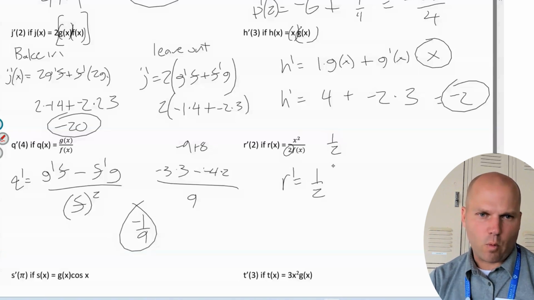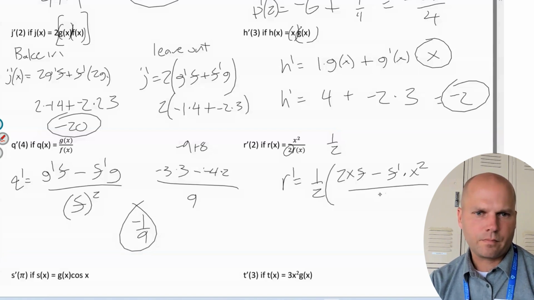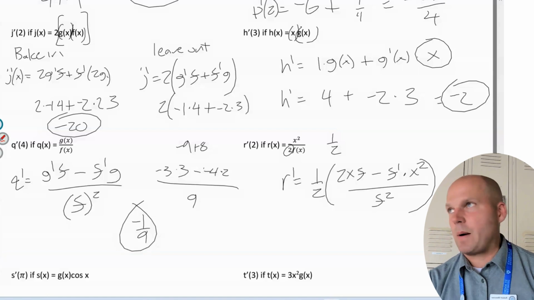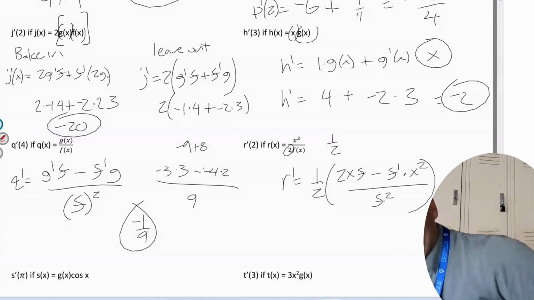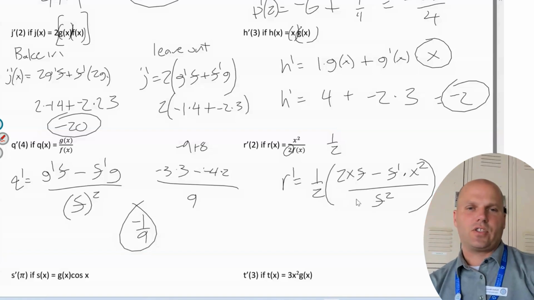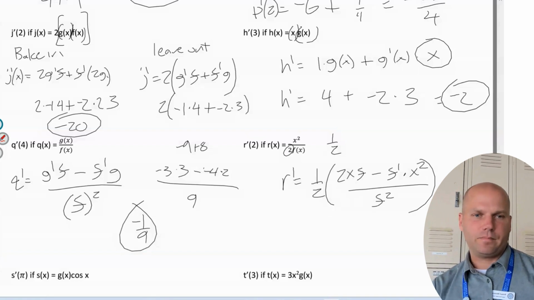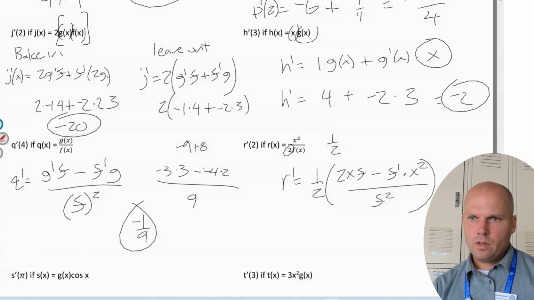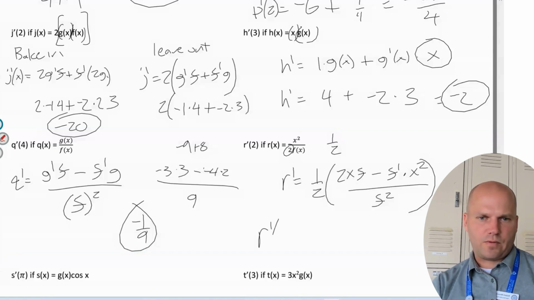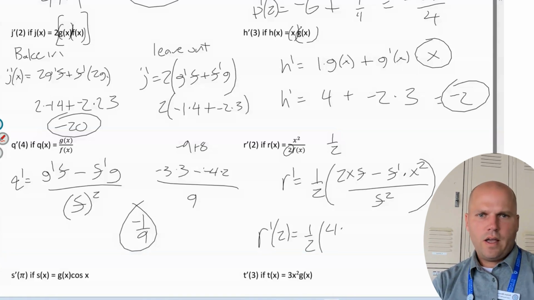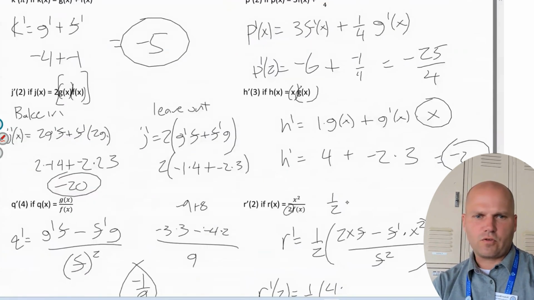If you wanted to, you'd have a 1/2 in front, slopes of the top times the bottom minus the slopes of the bottom times the top, all over the bottom squared. It's probably easier to do that and just multiply it in at the end than it is to bake it into the bottom. There'd be a lot of 2's everywhere. So r prime of 2 would be 1/2 times 4, f of 2, which is 4.